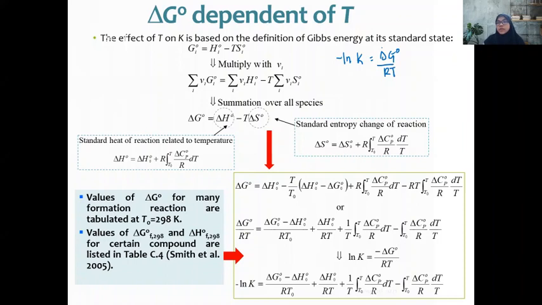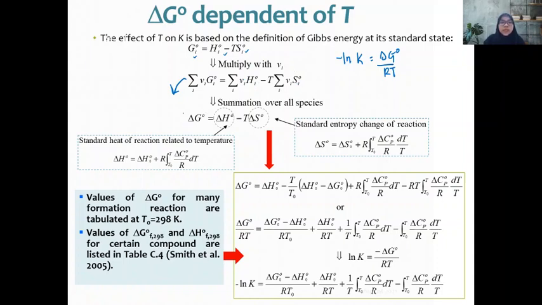So the question is, how can we obtain the change of the standard Gibbs energy? By using the definition of the Gibbs energy at each standard, we have G equal to H minus T S. We put the standard for each property and then multiply with the stoichiometric number for each property, and then it can give us the change of the standard Gibbs energy, the change of the standard enthalpy, and also the change of the standard entropy.